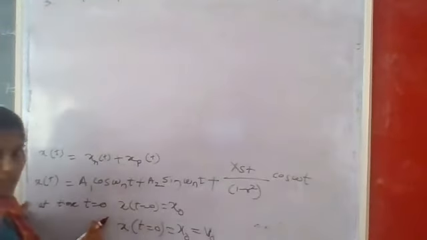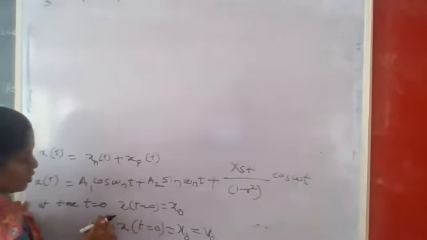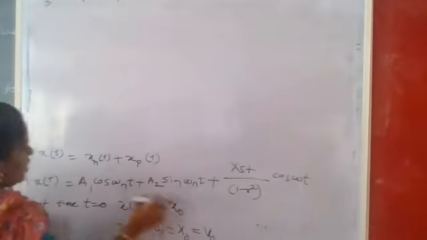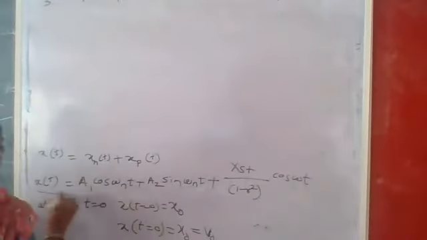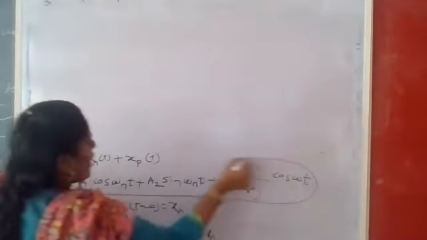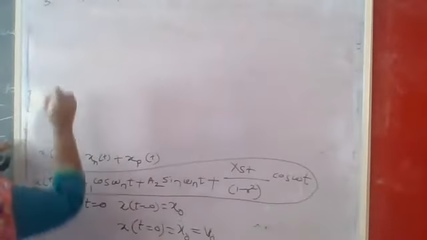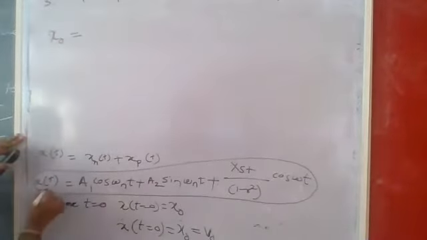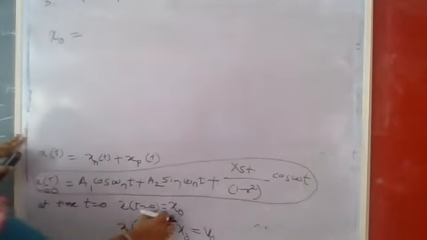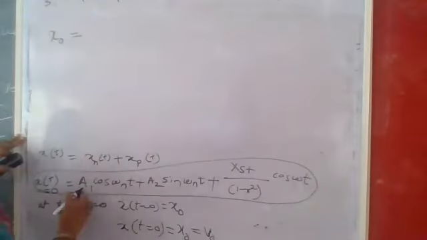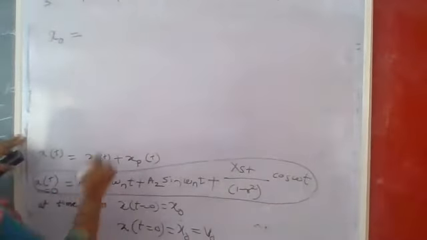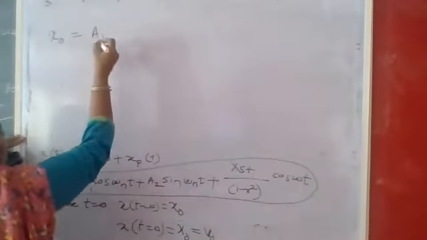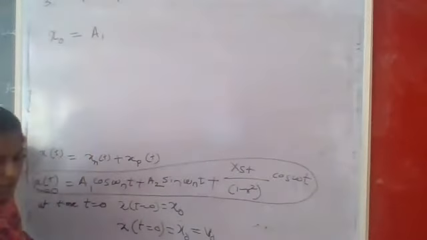In this equation, if we put the boundary condition, which is the boundary condition? At time t is equal to 0, then x is equal to x naught. Now in this equation, if I put the first boundary condition, that will become x naught is equal to, at time t is equal to 0, that will be x naught, that I have put here. Second, a1 into cos omega n t, what remains? a1 into cos omega n t, tell me what is cos 0?